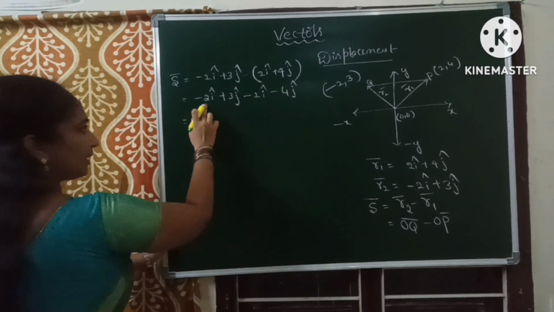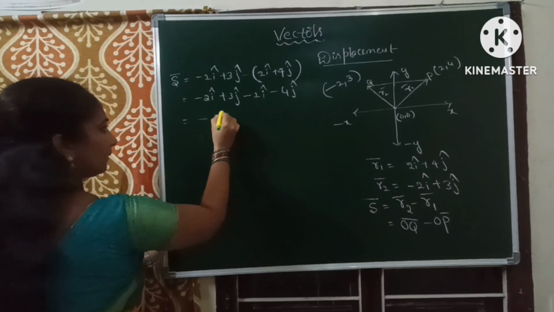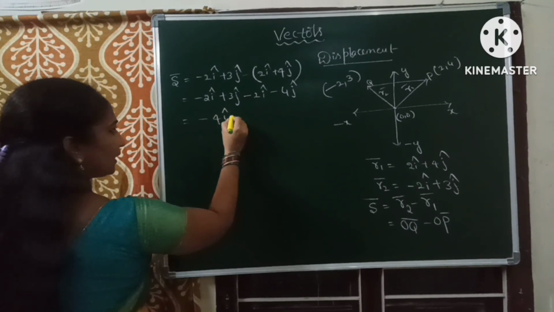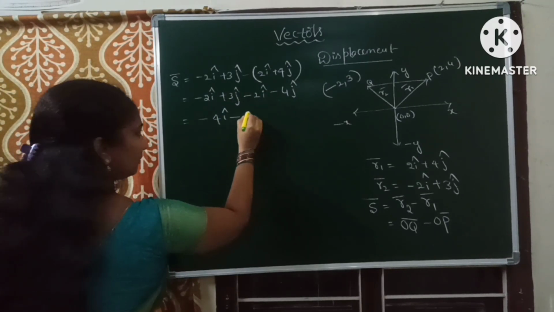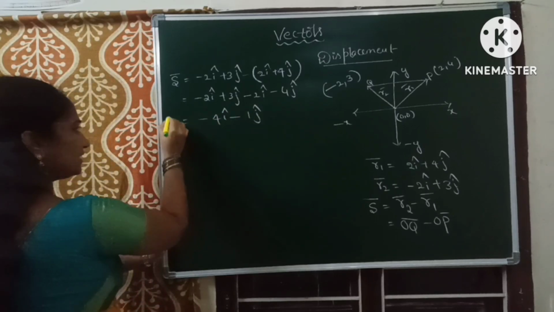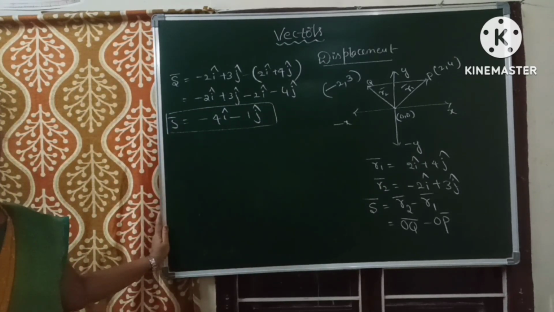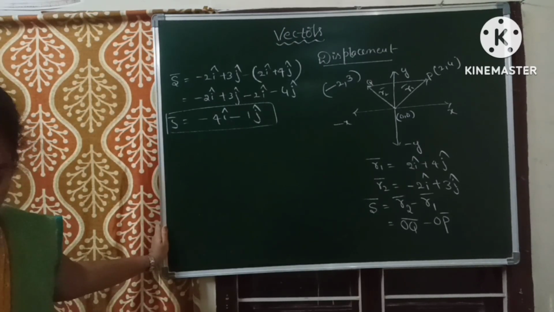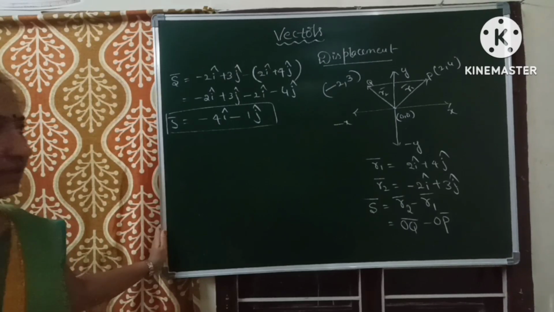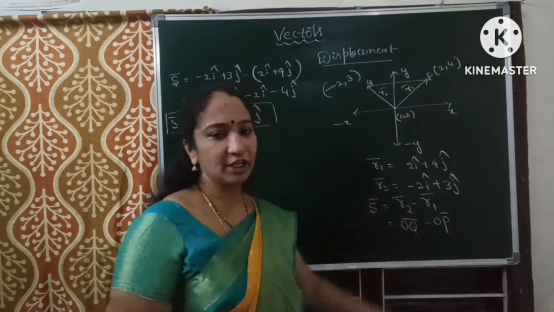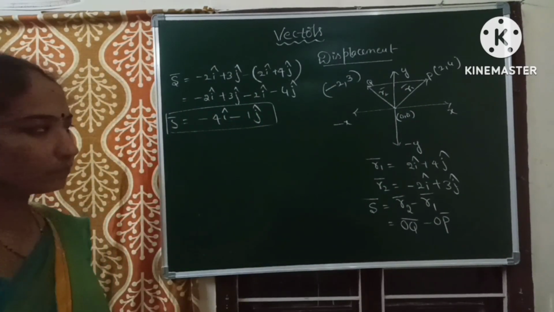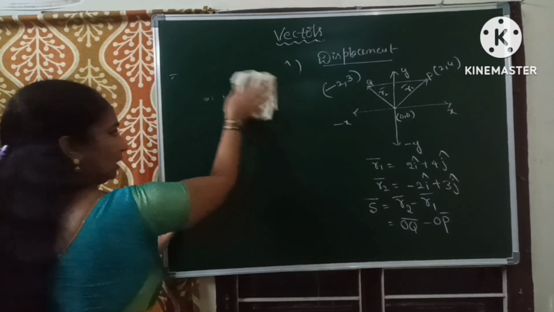Further, minus 2 minus 2 is minus 4i cap, and plus 3 minus 4 becomes minus 1 j cap. This is the displacement vector for us. This is the process to calculate displacement of the 2 points P and Q. Displacement is nothing but the shortest distance between the final point and the initial point.